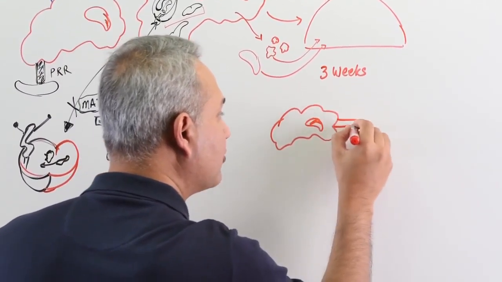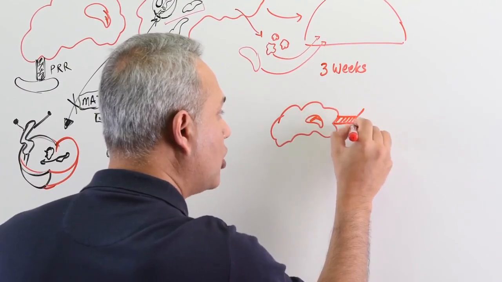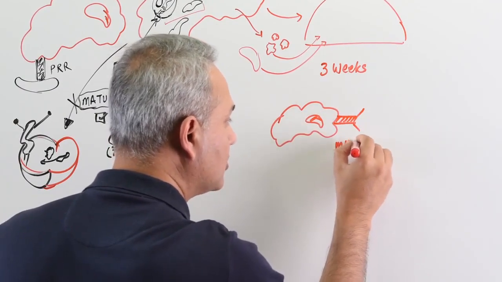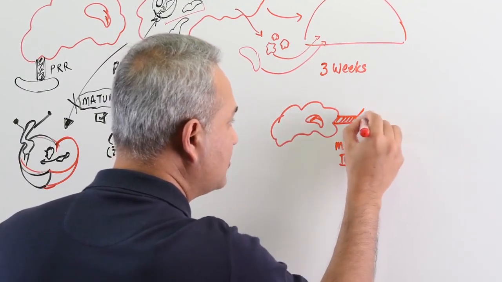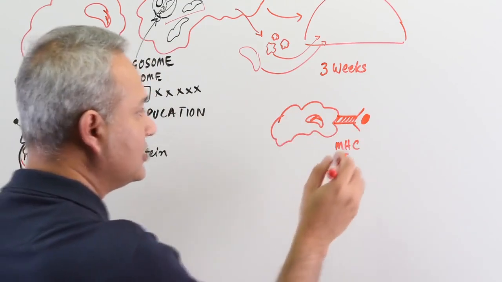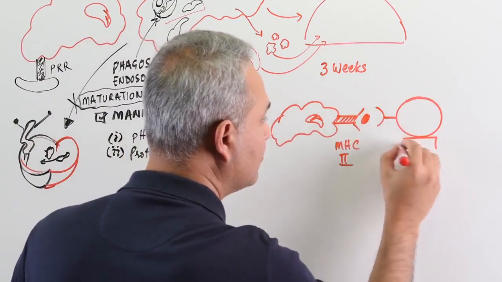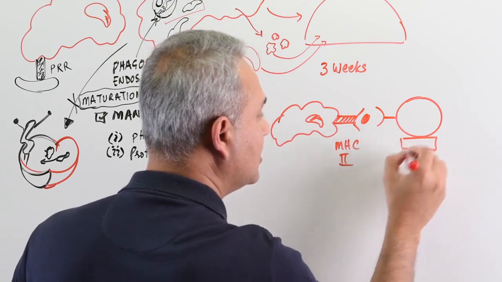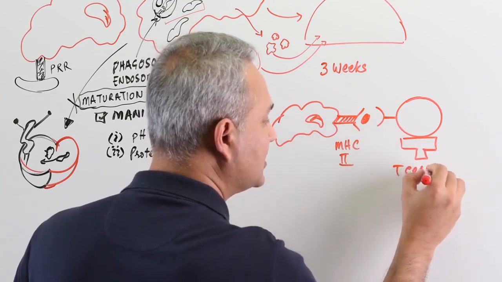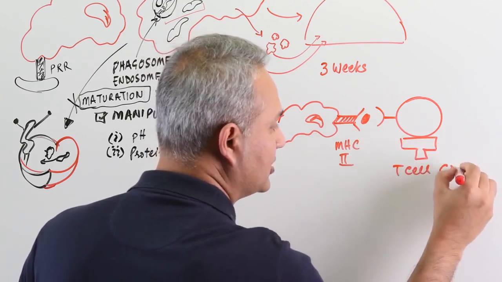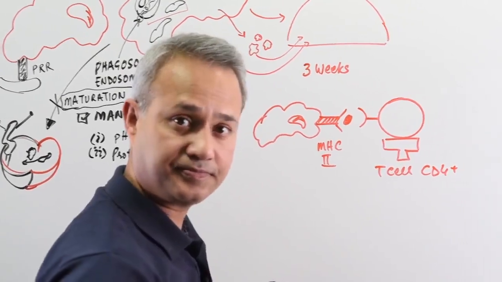On the macrophage MHC2, the macrophage is presenting the antigen or the pathogen to whom? We've done this 1000 times. T cell. Which T cell? CD4 positive or helper T cells.